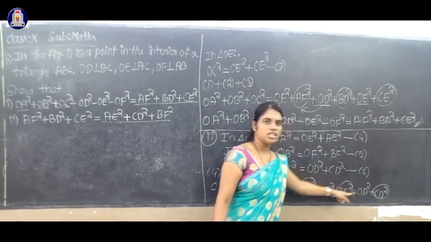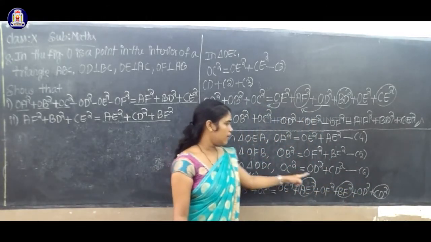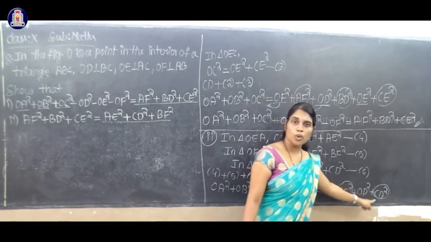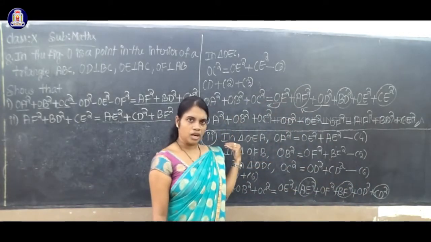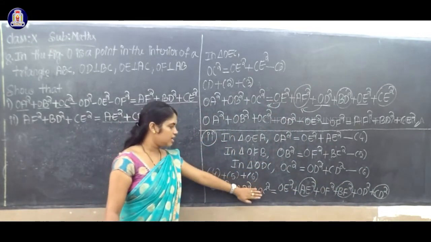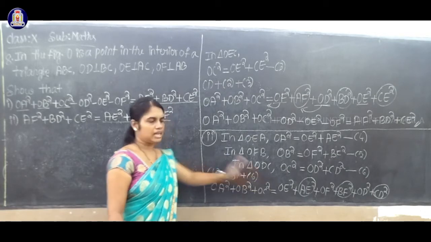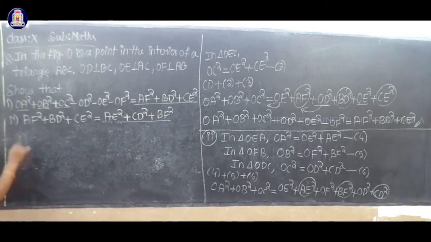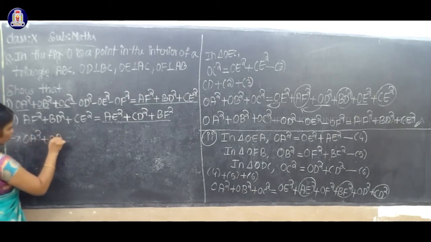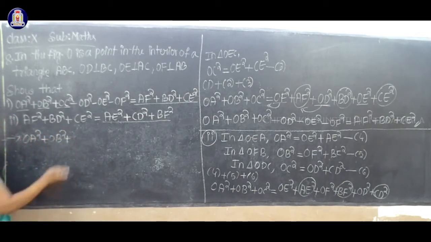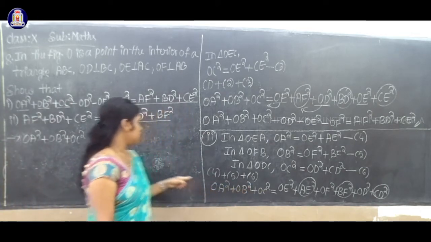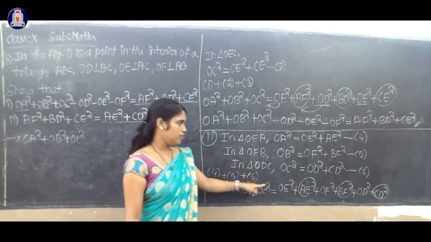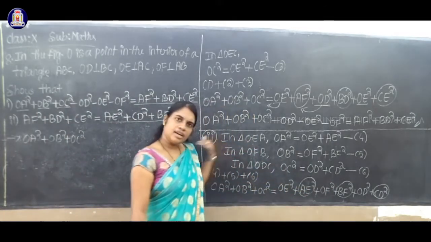Remaining terms, which are the remaining terms here? OE square, OF square and OD square. So shift these remaining terms to the left hand side. Understood now? So first I will write the terms. What is there in the left hand side? I will write as it is: OA square plus OB square plus OC square. Now shift the remaining terms to the left hand side.